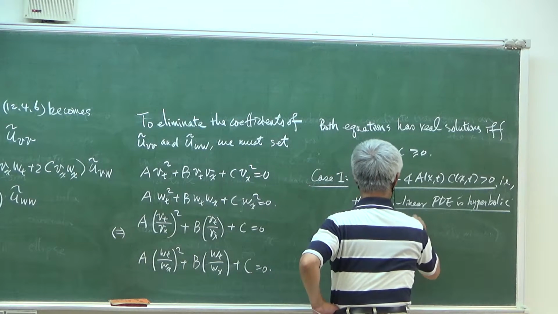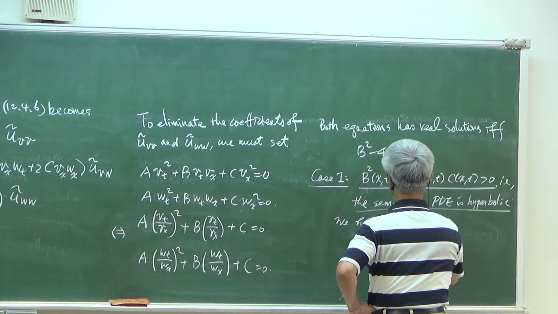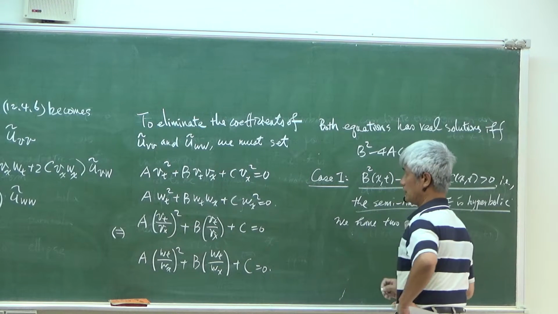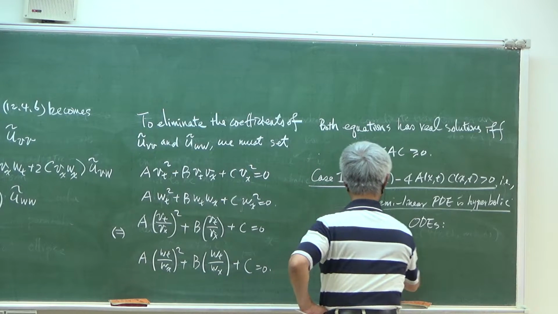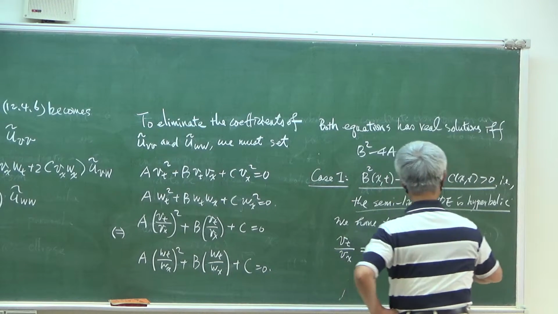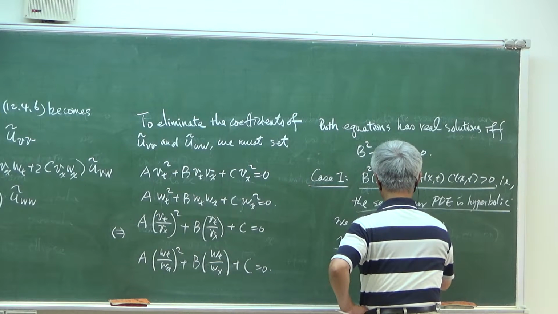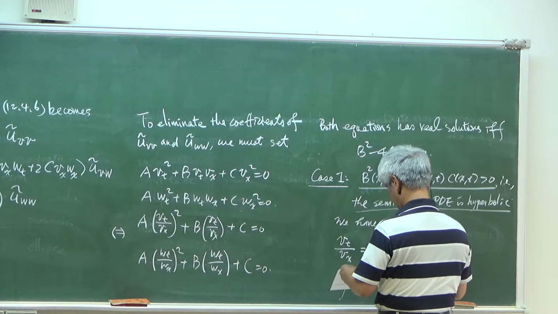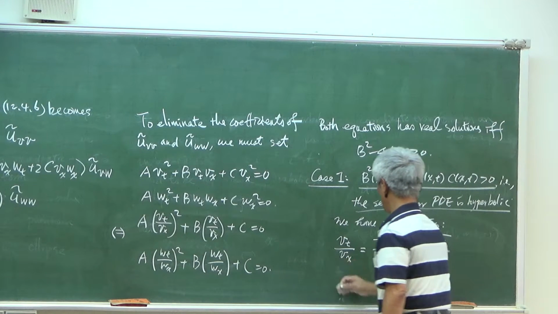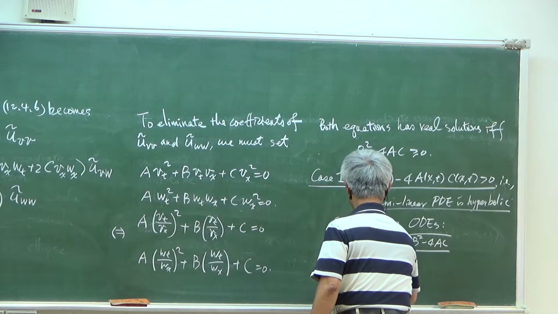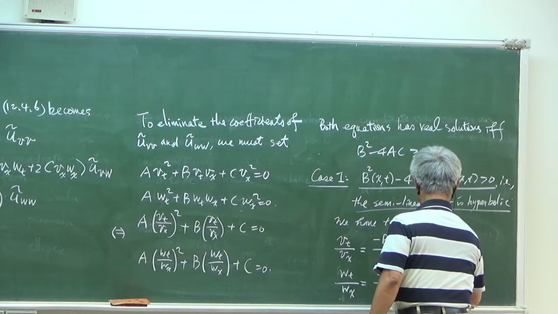In this case, we have two solutions. We have two ODEs as follows: Vt over Vx equals (minus B plus square root of B squared minus 4AC) over 2A, and Wt over Wx equals (minus B minus square root of B squared minus 4AC) over 2A.